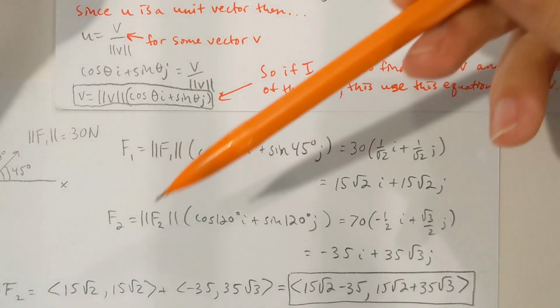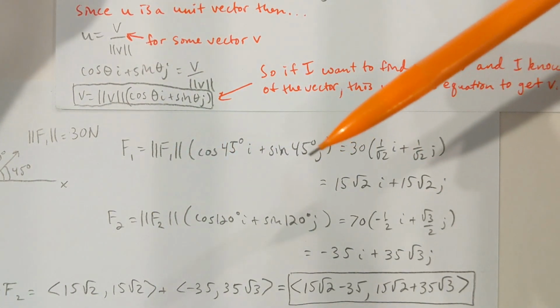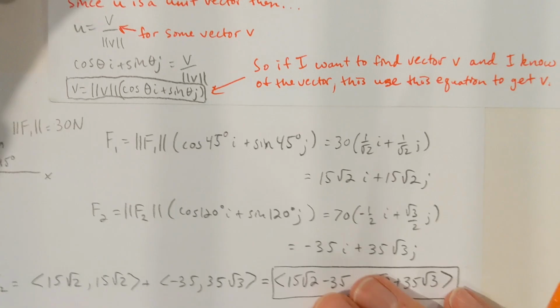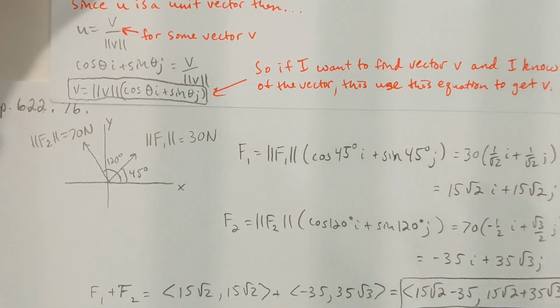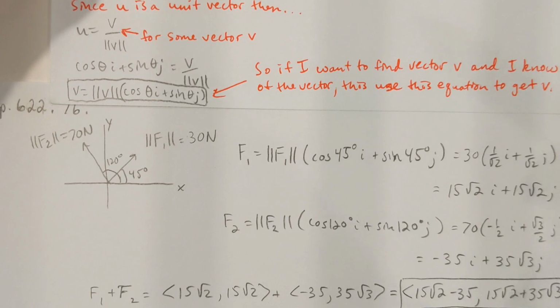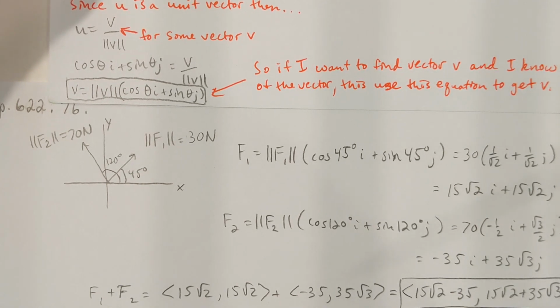Now do the same thing, but with F2. The length of F2, the magnitude, is 70 newtons. By the way, there are two common systems that you would work with for vectors in physics: the SI system and the US customary system.